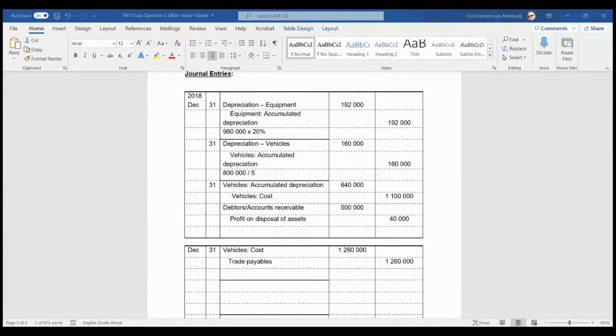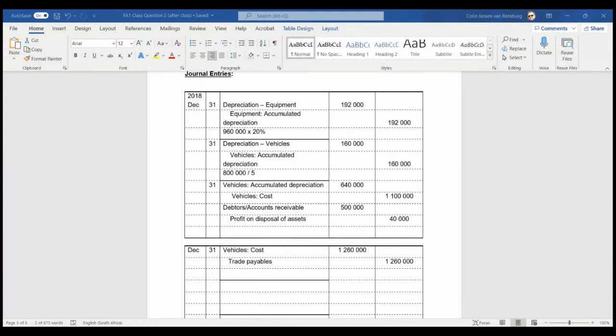Are there? Yes, there are. Which journal entries? The second one affected the accumulated depreciation. The third one affected the accumulated depreciation and the cost, right? The very first two legs of that third entry.